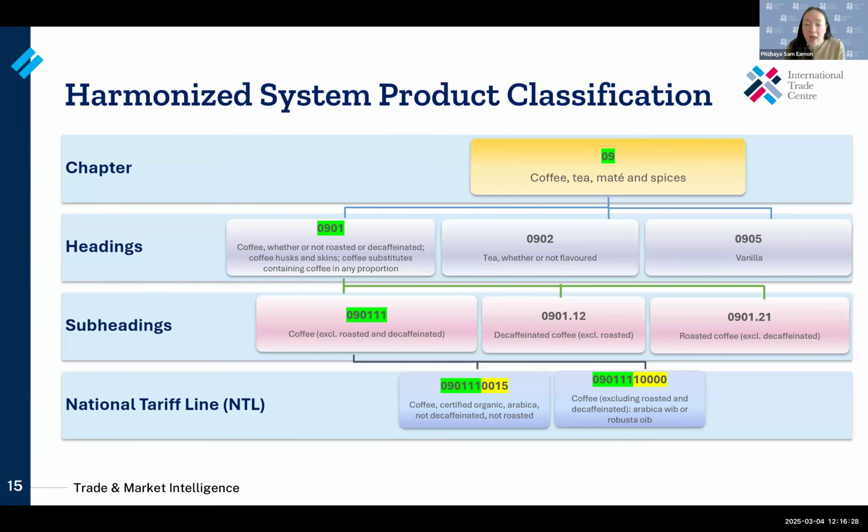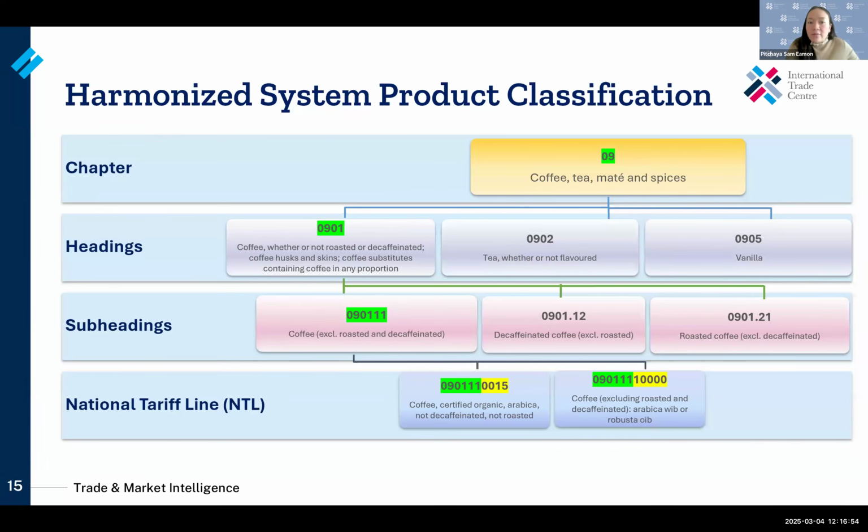It is reviewed every 5 years, so the latest revision is from 2022. Basically it's a numerical code. It will start from 01 to 99.